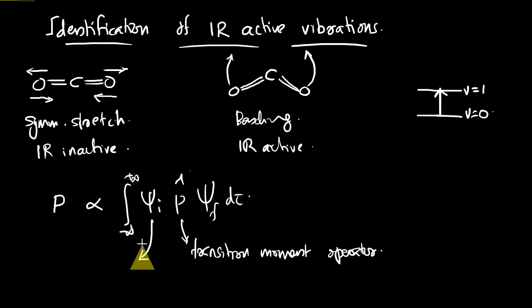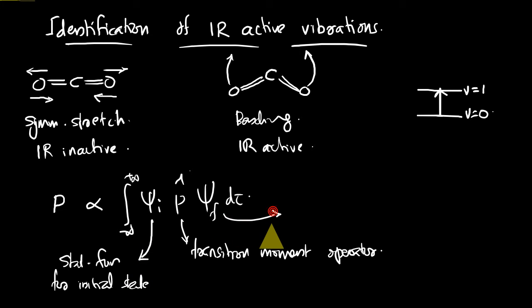Whatever the wave function corresponding to that is, that is psi I. That is the state function for the initial state of the molecule. Initial state of the molecule means normally the ground vibrational level.